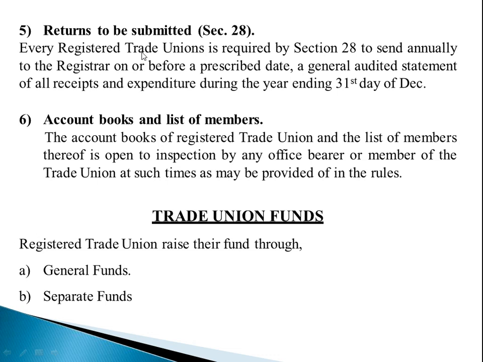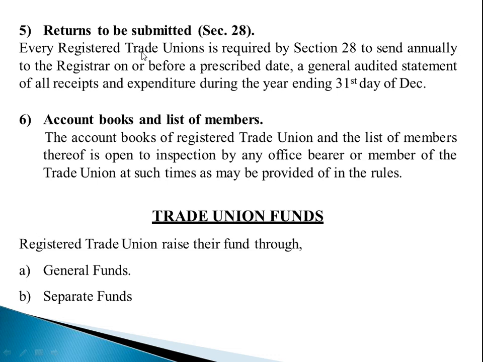Whatever amount they have spent for the purpose or objective of the union, or any political reason for which funds have been pledged, those returns have to be submitted properly when they are maintaining a registered trade union.